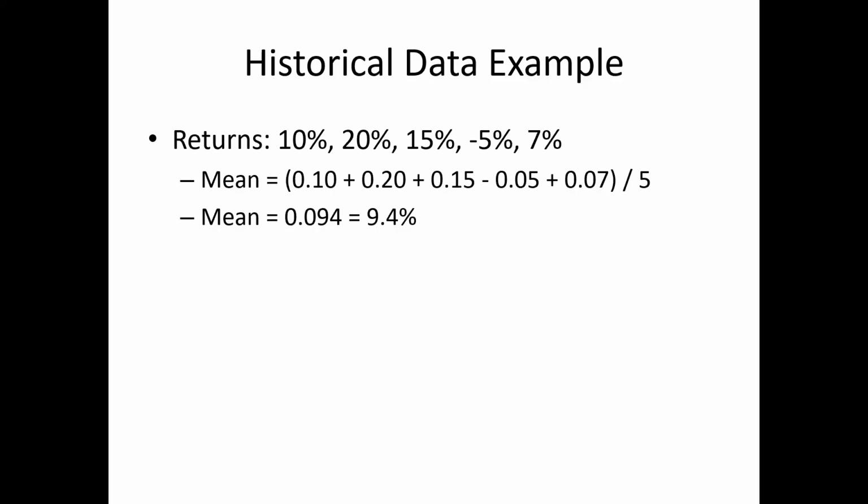Now you want to see the mean, what they have on average, what they are going to earn. So you take the amounts and add them. I converted them to decimals. You can use percentages or decimals, then divide by 5, and you get your answer. So that is for historical data.